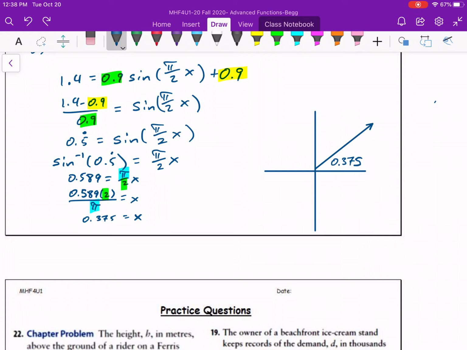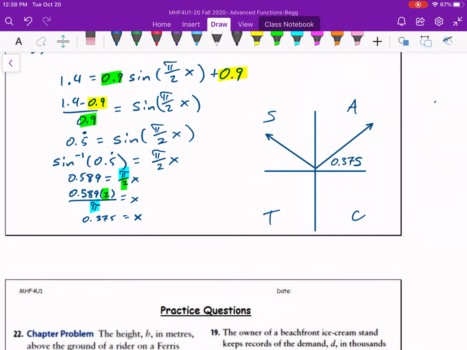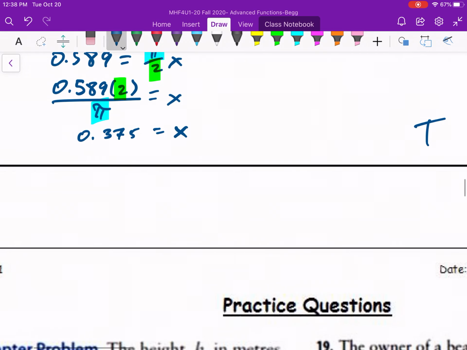Putting that together with the CAST rule, obviously we need positive time, so my other terminal arm has to be in quadrant 2. So my related acute angle is 0.375. So my second time, x2 let's call it, has to be the 2 seconds for half of a cycle minus 0.375. So here's x1, one solution.